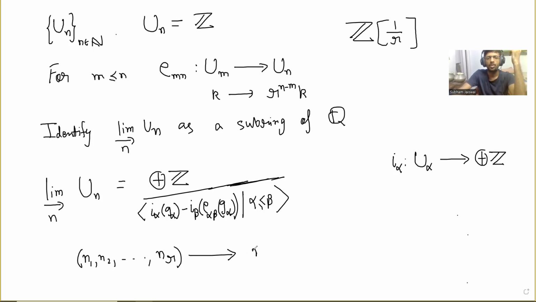Maybe you want to send this to n1 plus n2 by R, dot dot dot, plus nK times R to the K, or K minus 1.